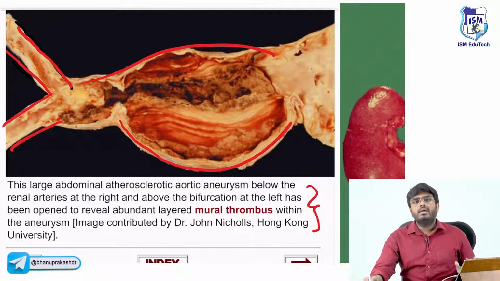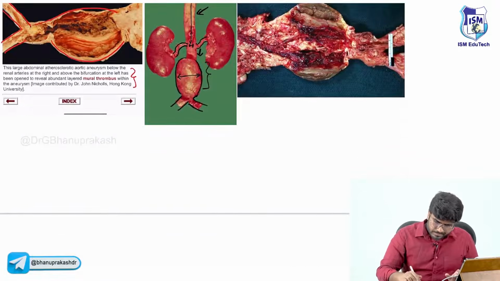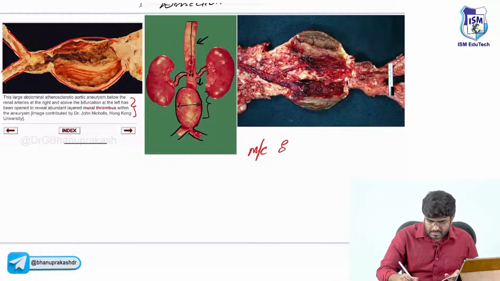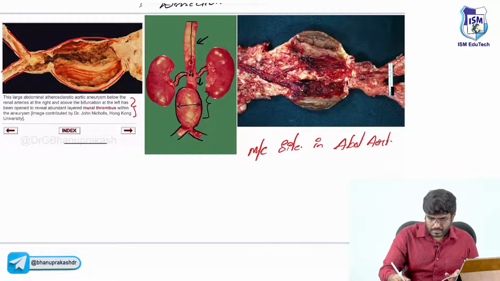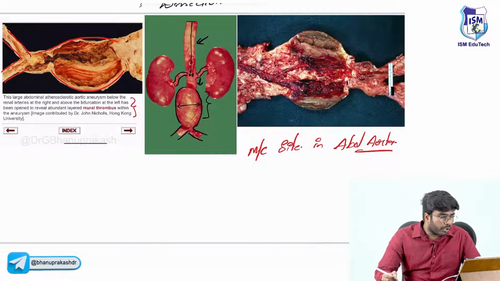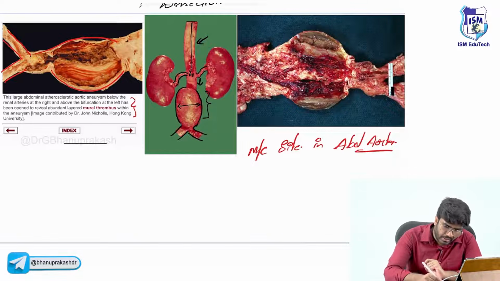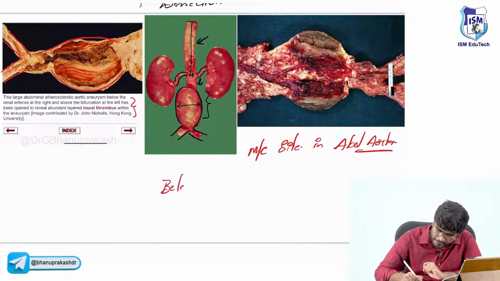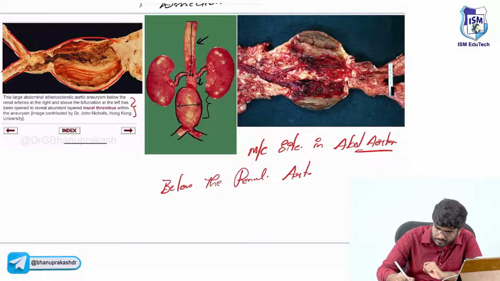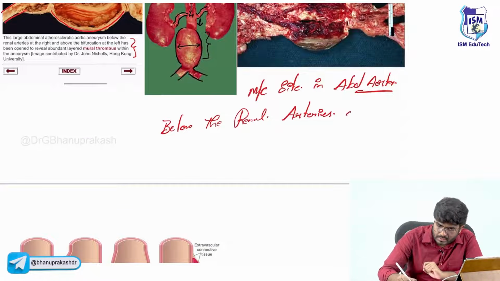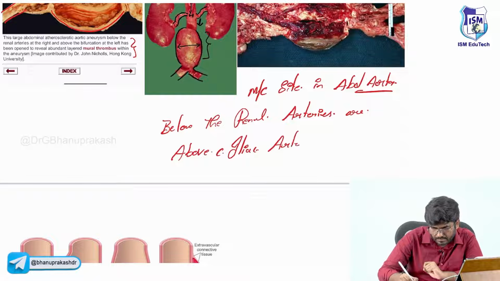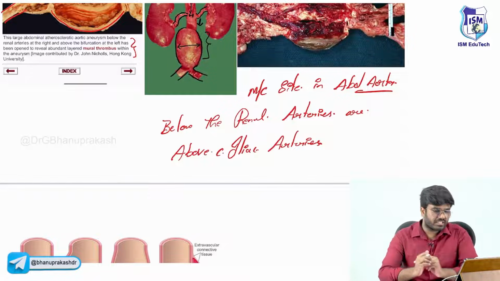The same thing. Okay, the most common site, let me write here. Most common site in abdominal aorta: it is below the renal arteries and above the common iliac arteries, before the bifurcation of the common iliac arteries.